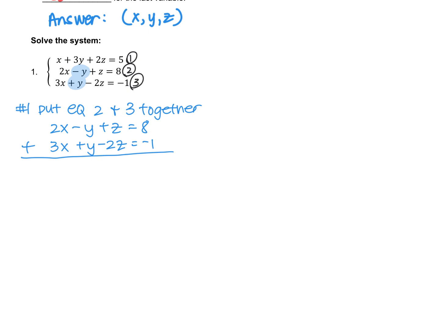So when I do this, my y's cancel. I get 5x minus 1z equals 7. So now I have an equation that has an x and a z in it. I am going to name this equation equation number 4.